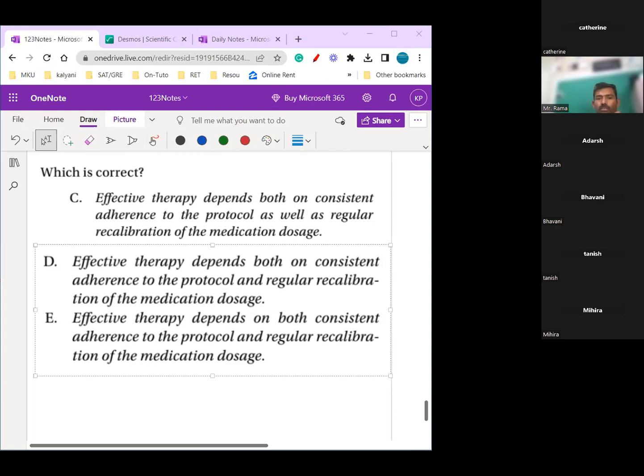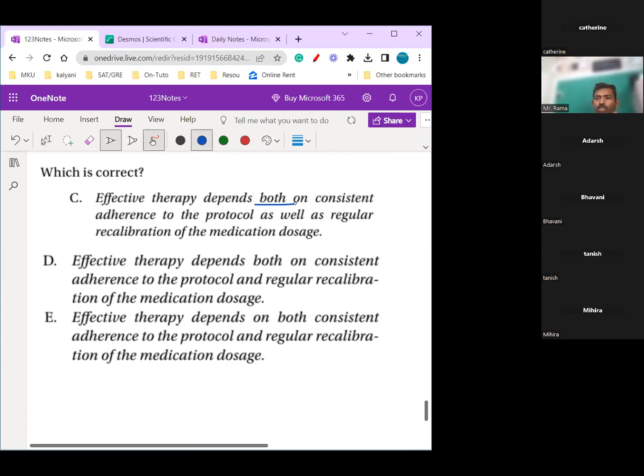The first one, sentence C, uses the word both, which can either be followed by a simple plural noun like both legs or both kinds, or a prepositional phrase, both of them, or be part of a standard parallel construction, like we talked about, both X and Y. So that's the construction we're looking at.